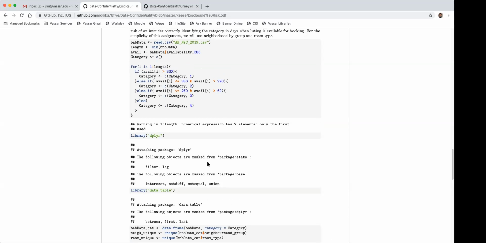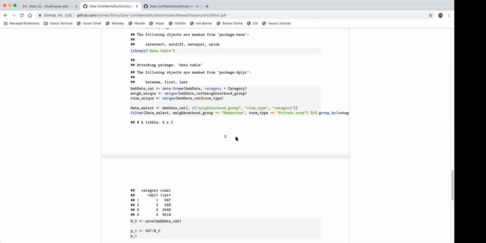Yeah, that's true. There's also the price for a night, which is available on the Airbnb website, so that's another continuous variable. But I didn't use it. For this analysis, I just focused on the bigger geographic group and the room type. So I filtered for Manhattan and private room.